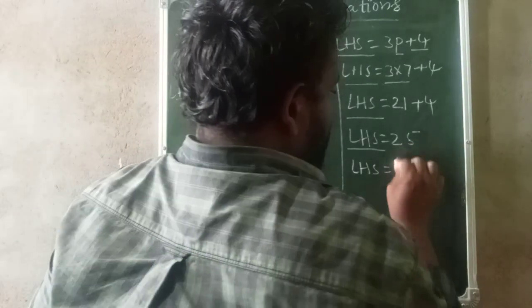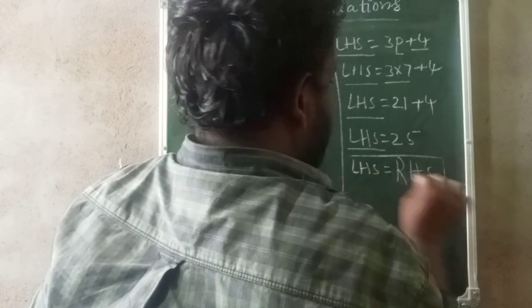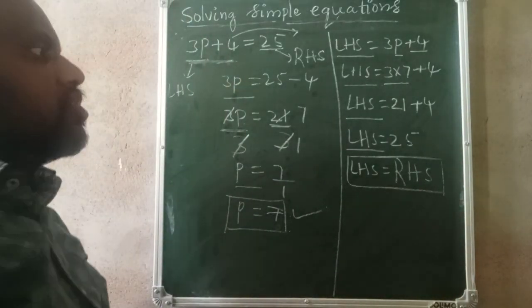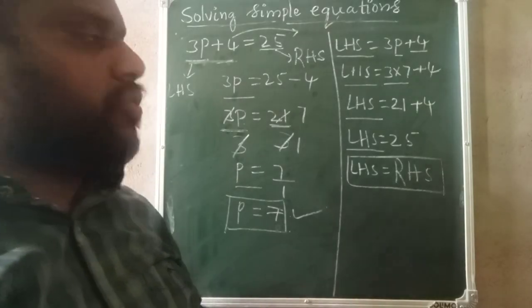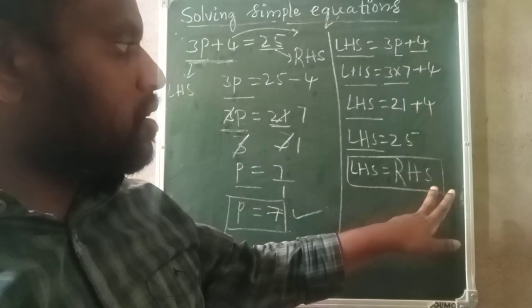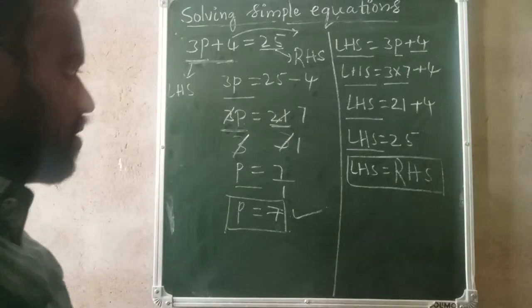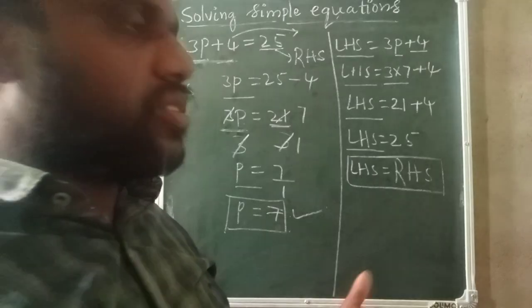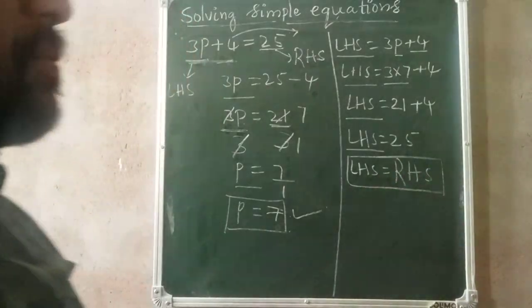So in place of 25 I will write RHS. Okay. So we got LHS is equal to RHS. Just remember, when LHS is equal to RHS, that means the answer is correct. p is equal to 7 is the correct answer because we got LHS equal to RHS.